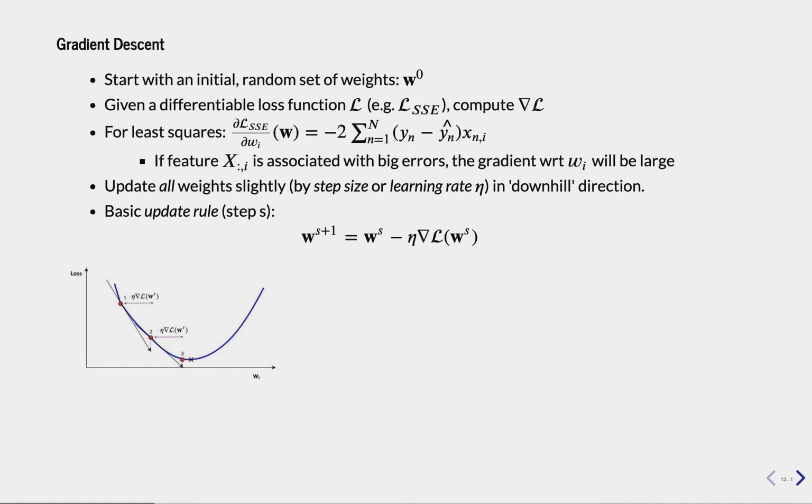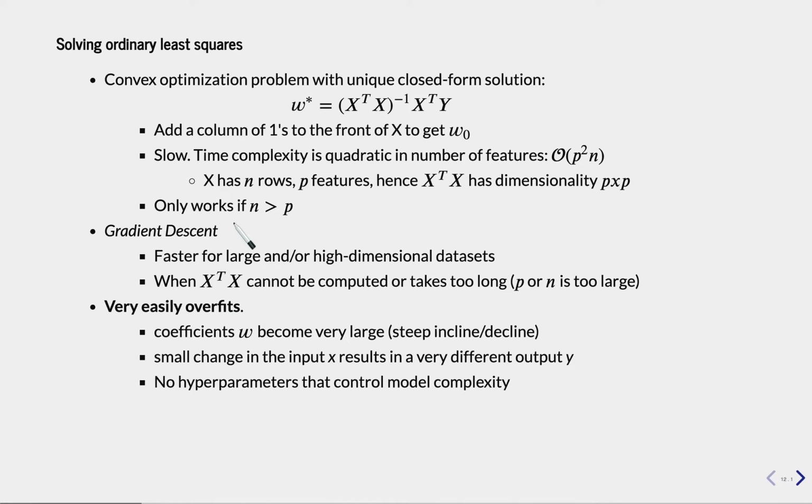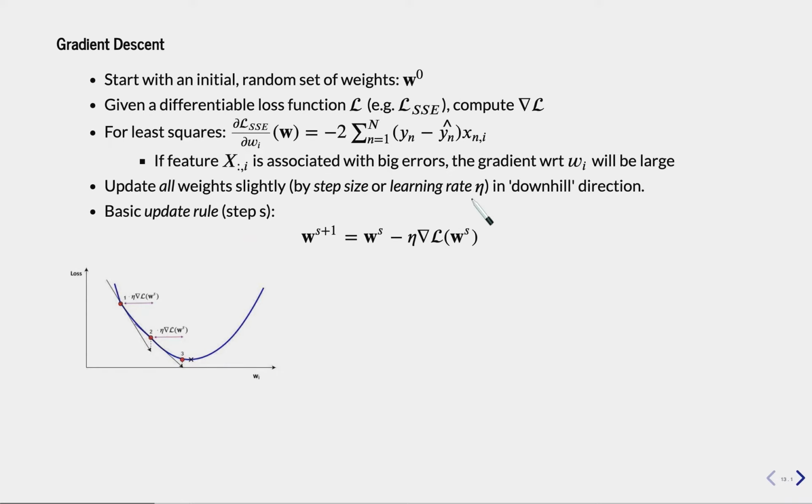But let's first see how we can solve this with gradient descent, because this will be very useful. To do gradient descent, we start first of all with randomly initialized weights. Depending on the algorithm, you can do this in different ways. For linear regression, we typically just use some random weights. If you have a large neural net, typically you use very small random weights.